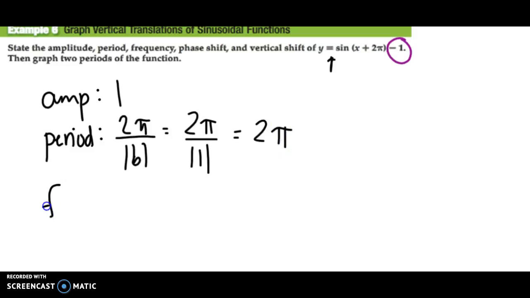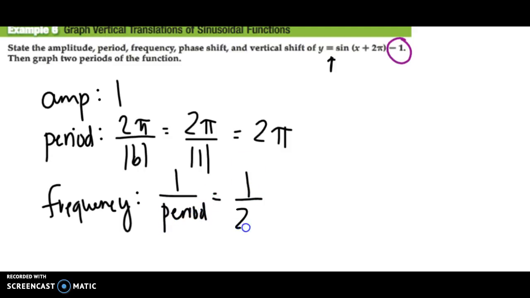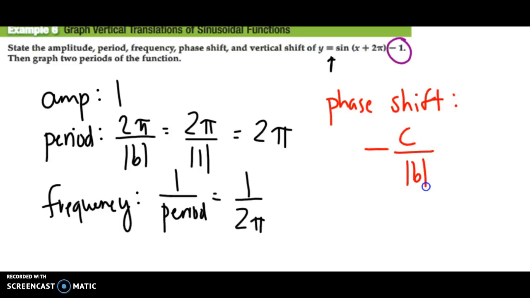Our frequency is 1 over my period. So it'd be 1 over 2 pi. My phase shift, remember, is -c over absolute value of b.